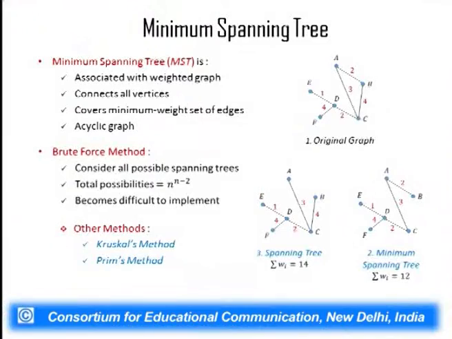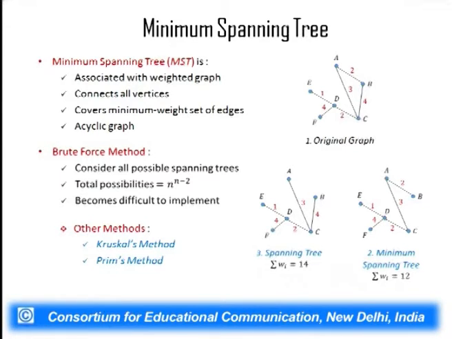Just sum up the weights associated with the edges: in the third figure the sum comes out to be 14 units, and in the second graph it is 12. There cannot be any other possibility less than 12; you can just try it out. That is why we regard the second figure, the subgraph coming out of the original graph in figure 1, as the minimum spanning tree, or MST in short.